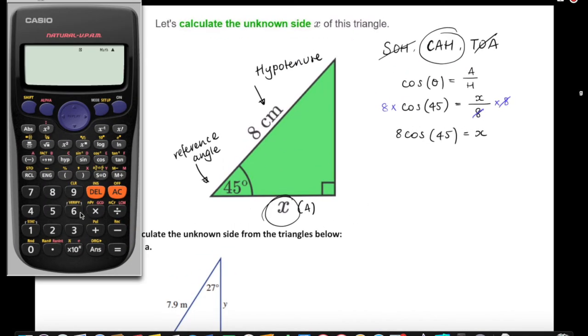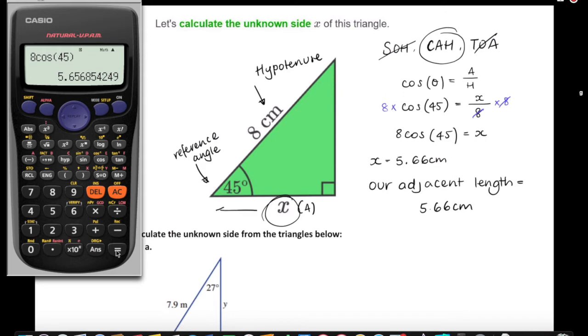So now I can put that into my calculator. So we've got 8 times cos of 45 degrees. And that gives me a length of 5.66 centimeters. So that means our adjacent length equals 5.66 centimeters.